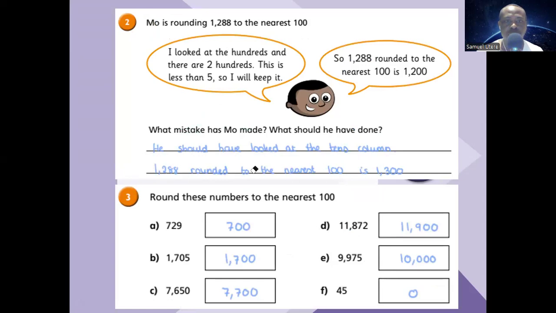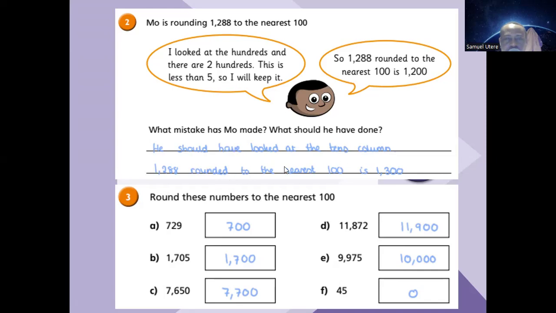All right. Here are the answers for questions 2 and 3. For question 2, Mo is rounding 1,288 to the nearest 100. Again, using the same methods we've been learning, you can see that he should have looked at the top column.